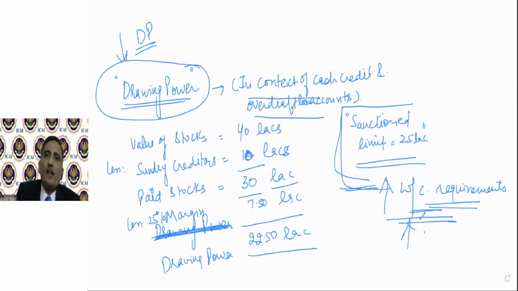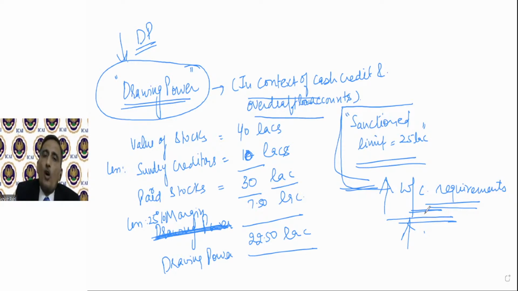When the trader has been sanctioned the limit, the bank issues a proper sanction letter containing various terms and conditions which the borrower has to comply with. As part of the terms and conditions, assume he has to submit monthly stock statements to the bank.